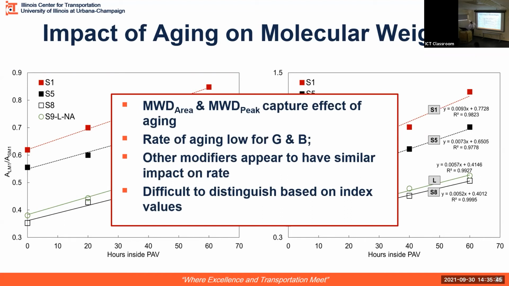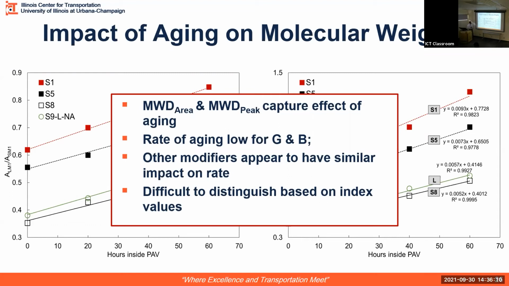Rate of aging was low for the fatty acid derivative, which was B and G. This is supporting the rheological results which we found. Other modifiers appear to have similar impact on the rate at this point based on these two testings. It was difficult to distinguish based on just the index values, because previously higher carbonyl meant higher aging.